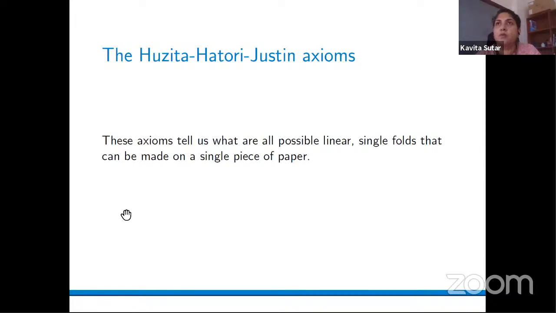There are two things: axioms, which are self-explanatory statements or postulates that you need not prove, and theorems or results, which you can prove using those axioms.